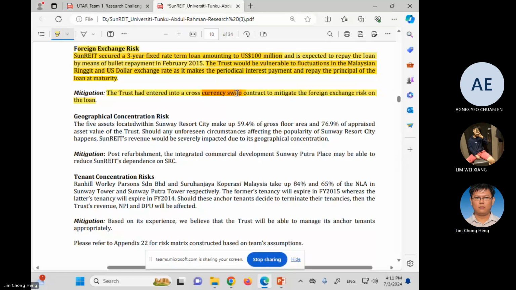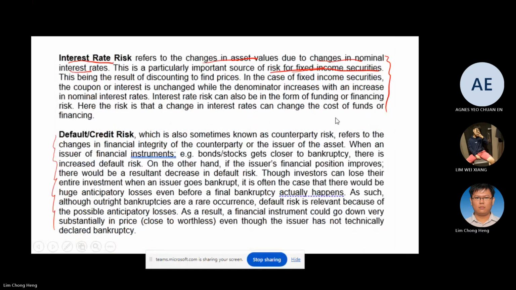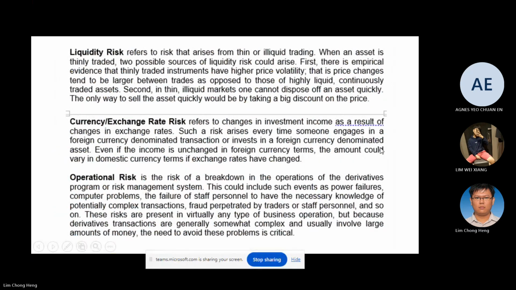Okay, if you want the answer, then you can take a picture. So here, currency risk refers to the investment income as a result of change in the exchange rate.